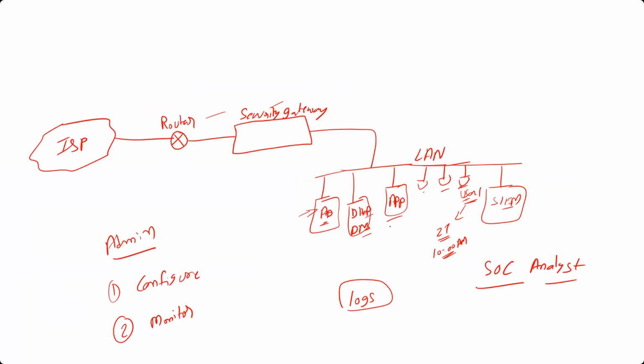So all the applications, all the devices that we have in our network, they keep sending the log messages to the SIEM solution. Now the job of this SIEM solution is to monitor what each and every device is trying to tell us, and if there is something suspicious or something urgent, it would trigger an alert so that the administrator will come to know what is wrong with the network.